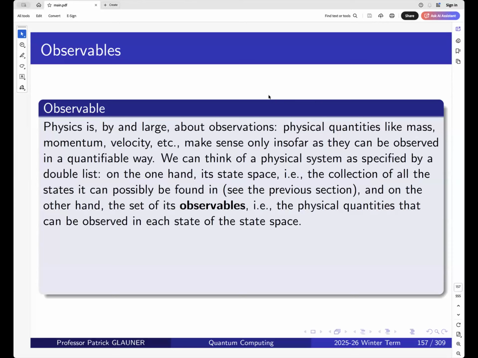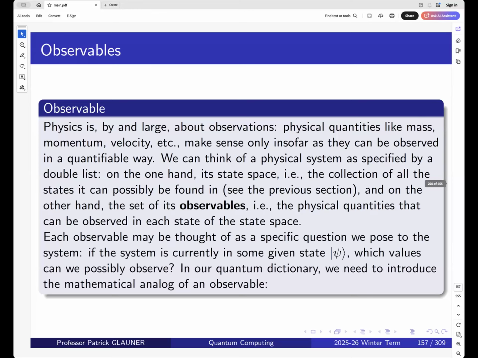Physics is generally about observations. Like in traditional physics, classic physics, we have quantities like mass, momentum, velocity, and so forth. And they only make sense if we can observe them in a quantifiable way. Now, when it comes to quantum mechanics, we also have a set of observables, so physical quantities that can be observed in each state of the state space.